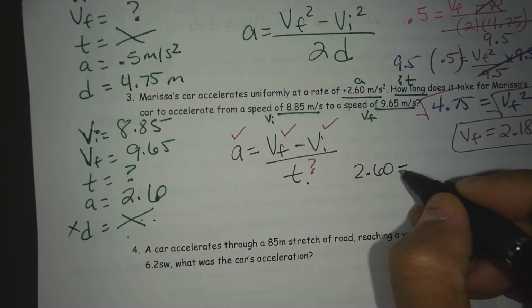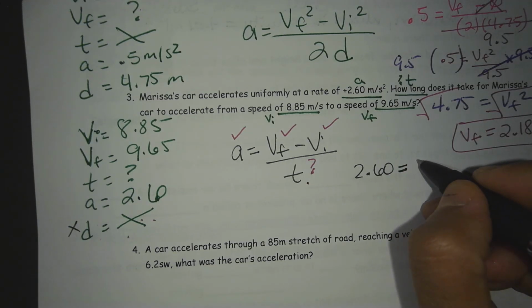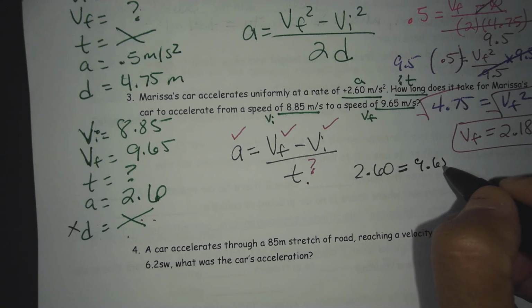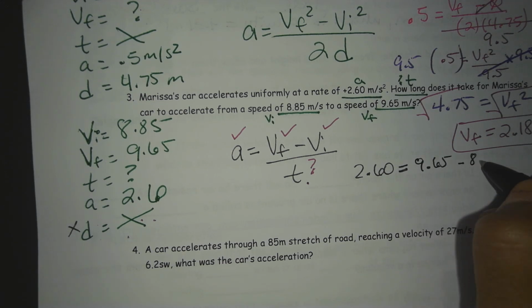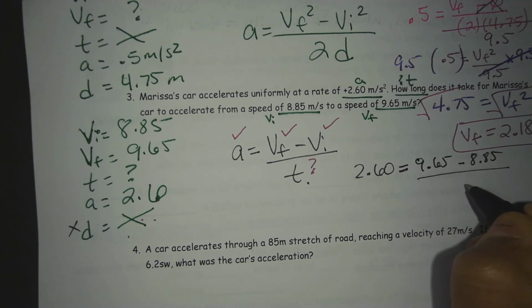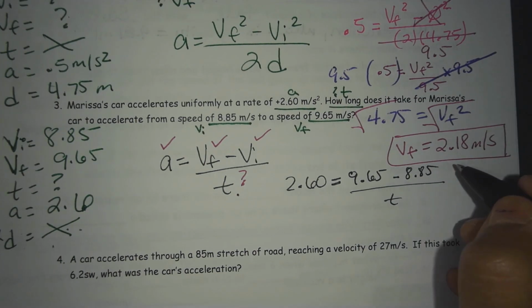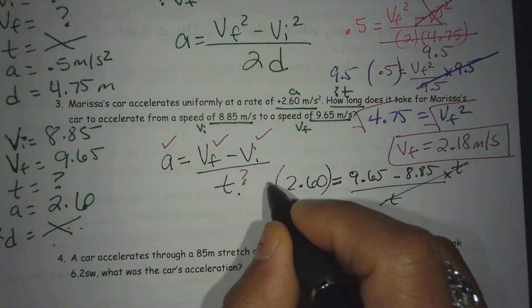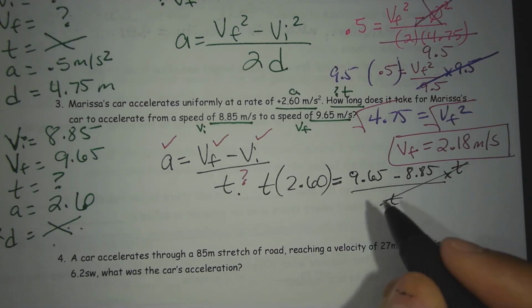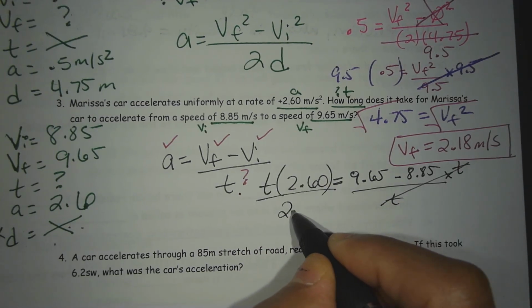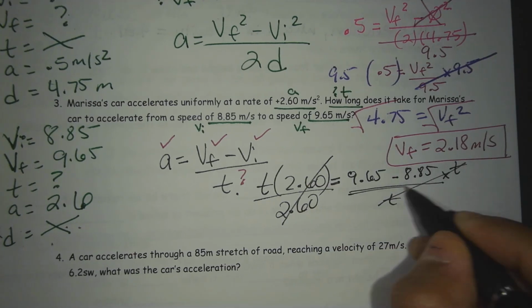All right, we got this. 2.6 equals 9.65 take away 8.85 over, well, I don't know the T. Algebraically, I'm going to multiply by T to cancel that. Multiply by T, that's not going to work. Divide by 2.6, cancel.